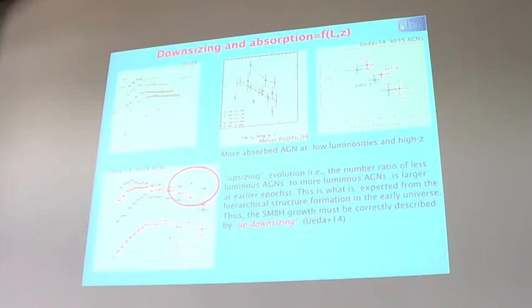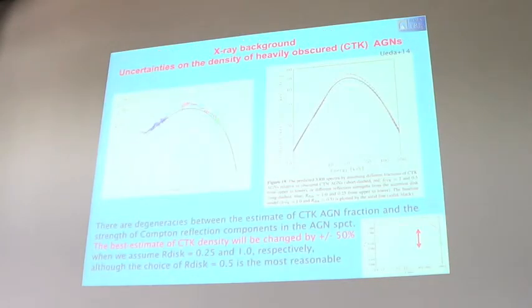And I was discussing this possible first observation of the upsizing at the very early epochs of the AGN evolution. So you can reproduce the X-ray background, but there is a degeneracy in the spectrum of the heavily Compton thick objects, because they are so absorbed that the only part we see is the reflection part.